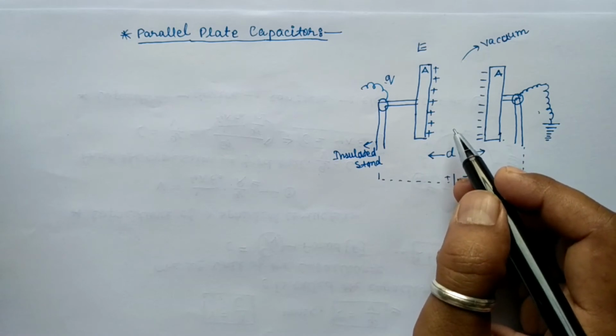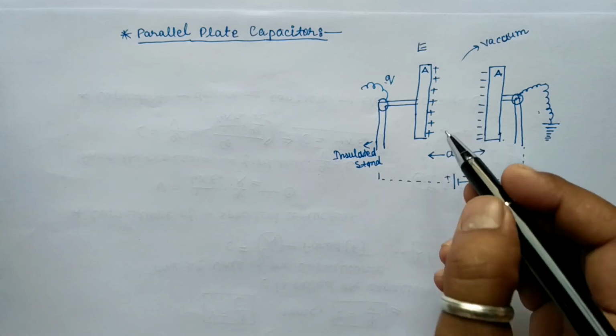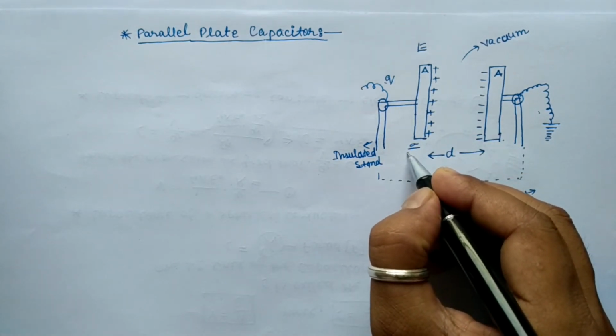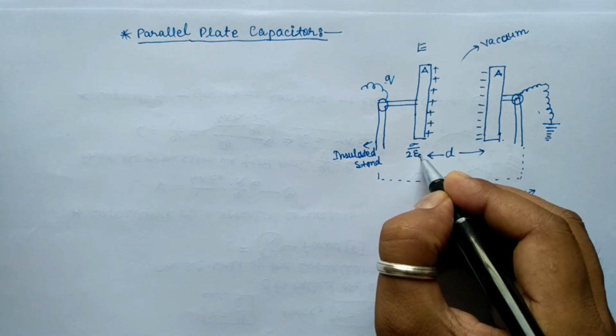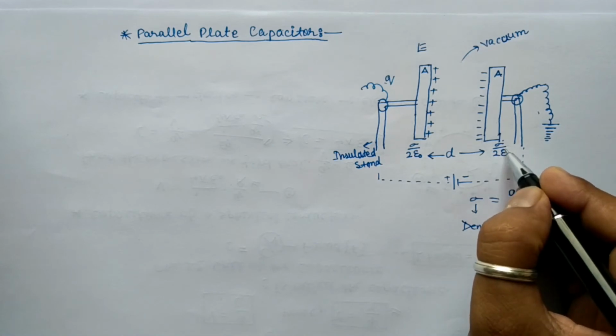So, the magnitude of electric field of first plate is sigma upon 2 epsilon naught, and sigma upon 2 epsilon naught on the second plate.